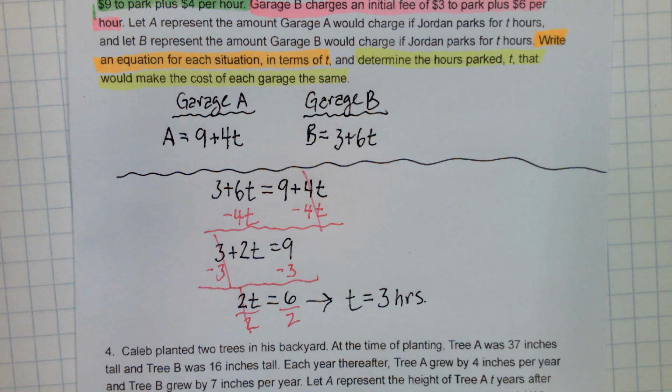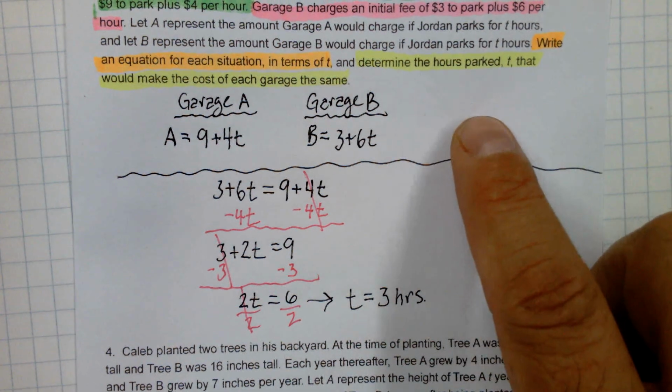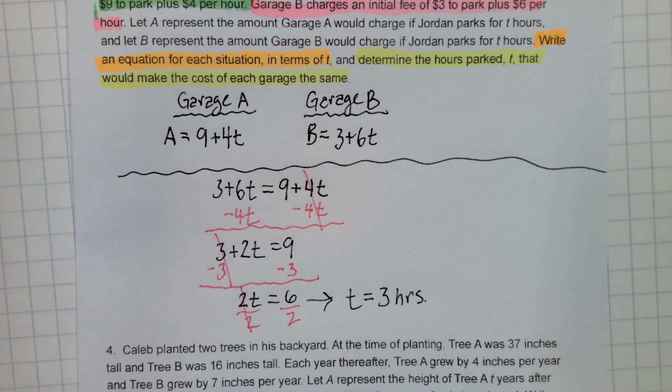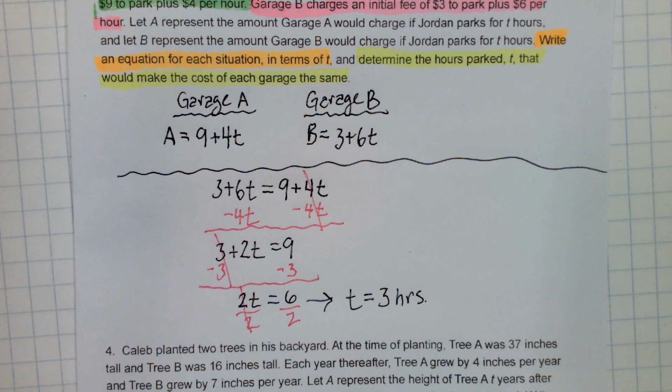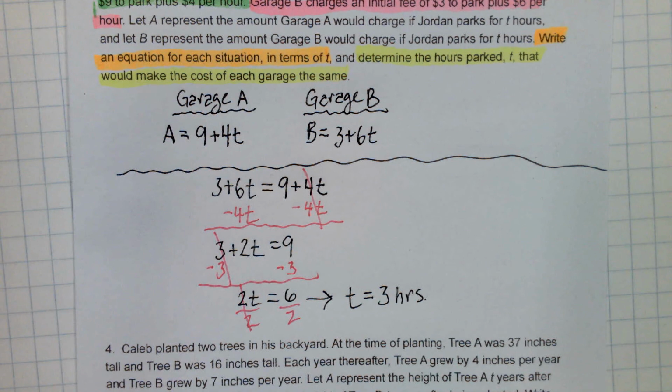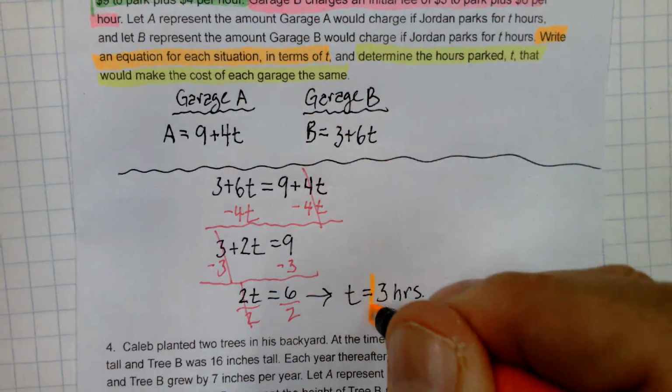After that, garage B is going to be more expensive, and garage A would be cheaper. Okay, but the break-even point, the point where they're equal in price, is 3 hours. Okay, any questions?